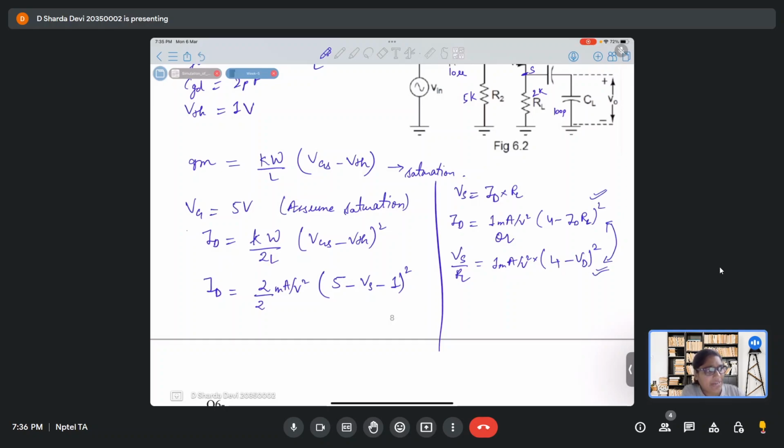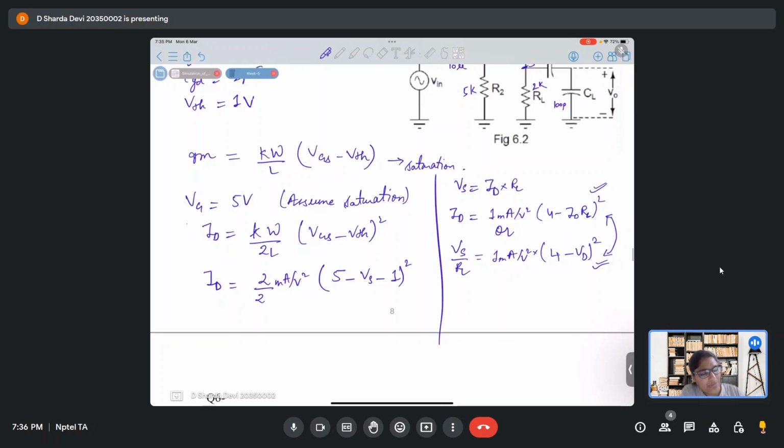The moment you find VS, you will see that since it is a quadratic equation, you will get two solutions, right? And if I am going by this VS method, I'll get two values of VS. One is 5.69 volts and the other is 2.81 volts. Okay, and VD is fixed.